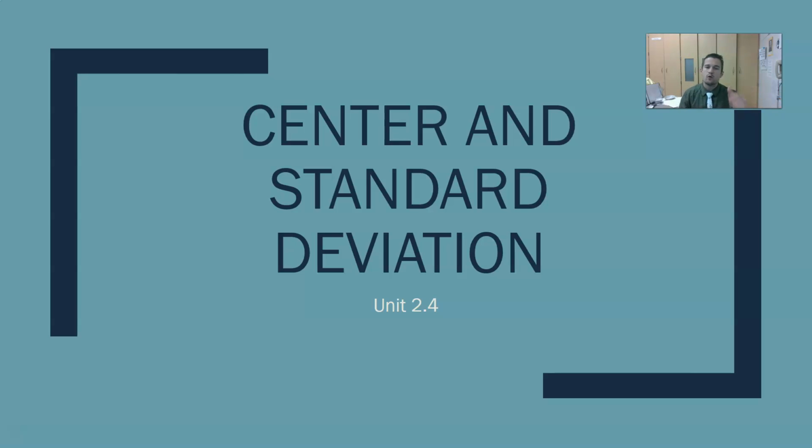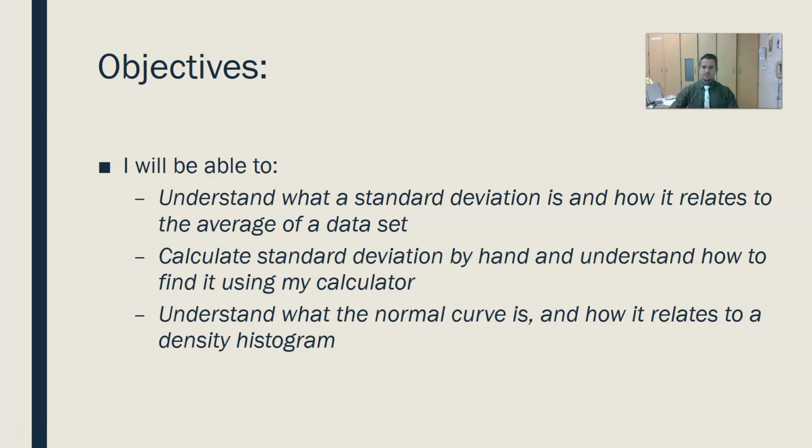So today in 2.4, we're going to talk about center and standard deviation. Some of those words might be a little bit foreign to you. That's okay, but we're going to talk about our data that we've collected and analyze center and standard deviation. By the end of this lesson, I want you to be able to understand what a standard deviation is and how it relates to the average of a data set.